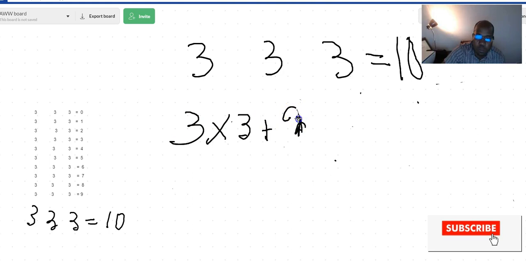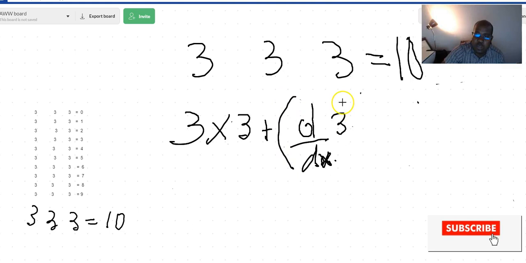Plus the derivative of 3 to the power of x. If you find the derivative of 3 to the power of x, that normally gives you 0. So with this we can do the factorial of 0, that will give you 1.